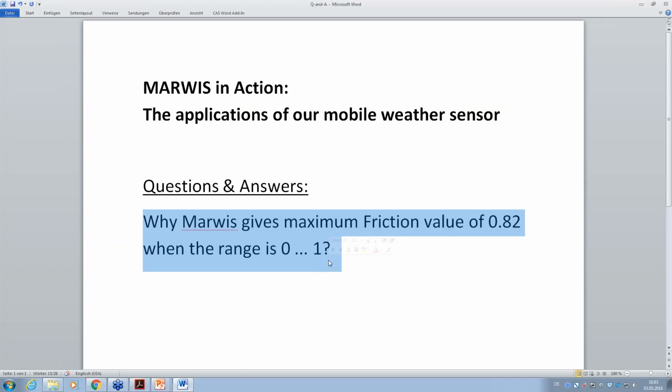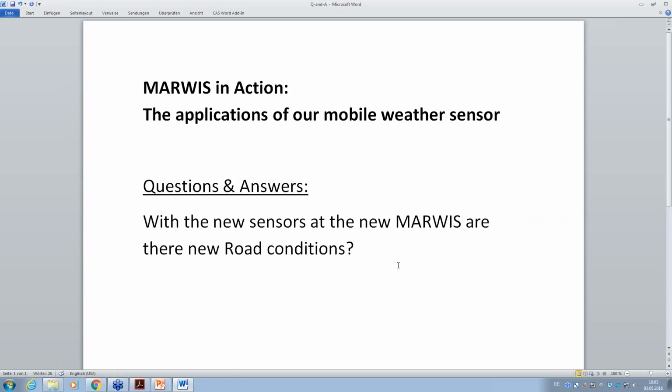So as long as that is 0.82 or 1, from an application standpoint, that is the same, no difference. It seems to be more interesting for us whenever friction declines to 0.7, 0.6, 0.5. However, we will check that.